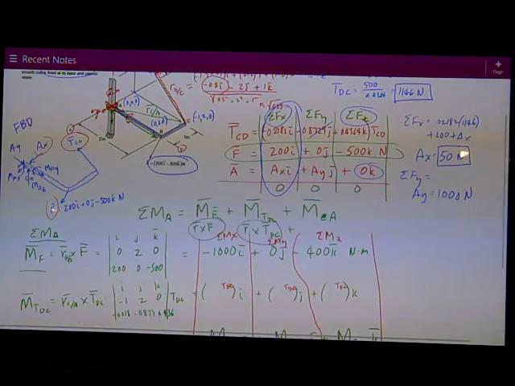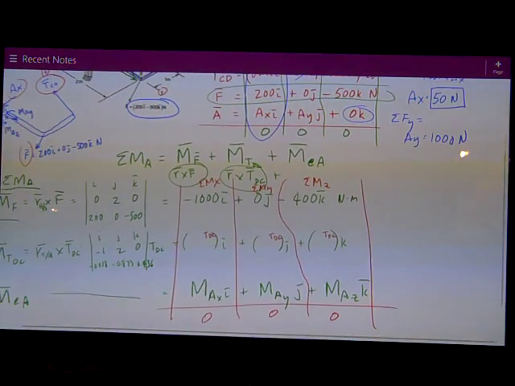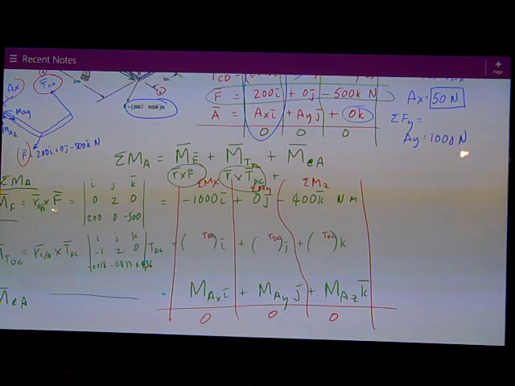Now if I want to know these moments, I can go down here, and instead of having these variables in this determinant, I really have these numbers. I can solve for the X, Y, Z components of the force in the cable, and that works out to be negative 250, negative 1,000, positive 500.